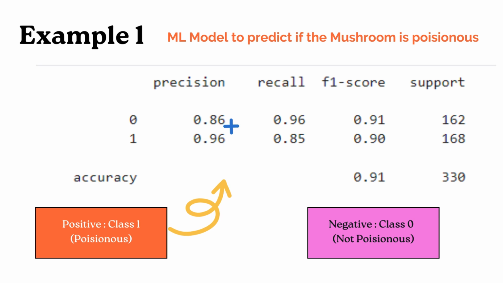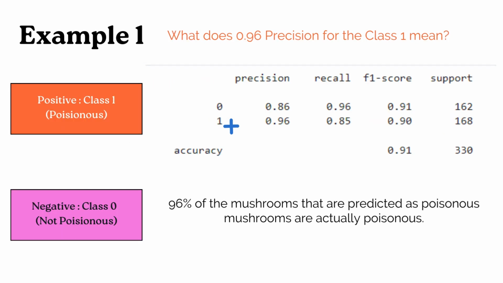Looking at this classification report, you need to be able to evaluate how it works. Let's start with the 0.96 for positive cases. What does a 0.96 precision for class 1 mean? It means that 96% of mushrooms that are predicted as poisonous are actually poisonous. 4% are wrong. Now let's look at the recall.